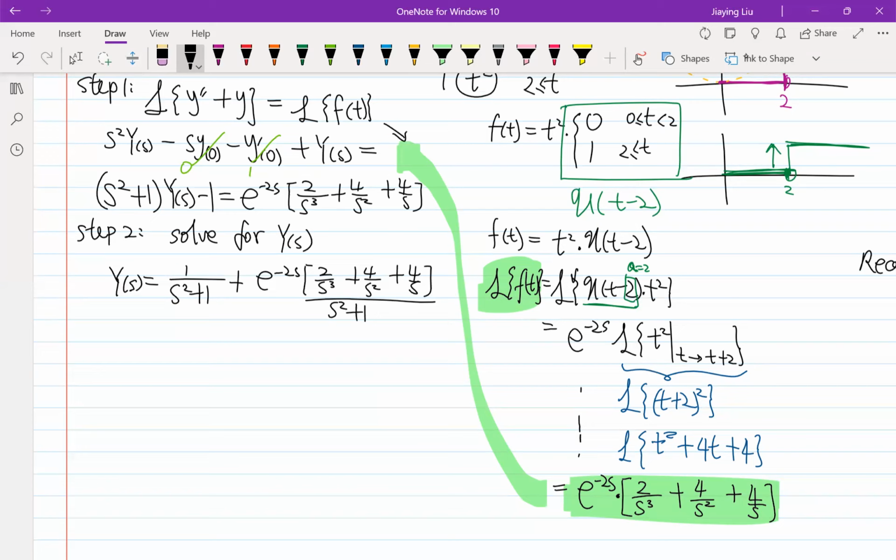The next step is finding the inverse Laplace transform to get y of t, but we should simplify this first if we can, because we can't just find the inverse directly. So let's simplify. When I say simplify, I mean we need to simplify this part. The rest, we can just leave the way it is. The first thing we need to do is find a common denominator in the numerator.